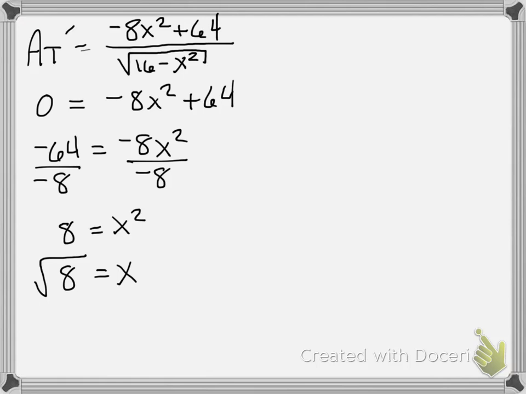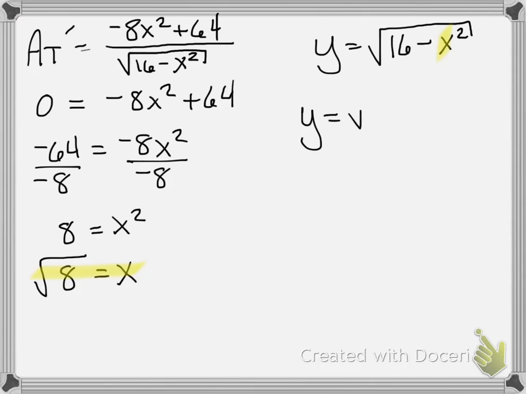Okay, so now that we have our x, we can plug that into our equation that we had for y. And if you remember way back, we had y being equal to the square root of 16 minus x squared. So now we just substitute in the x that we found, and we have y is equal to the square root of 16 minus the square root of 8 squared.